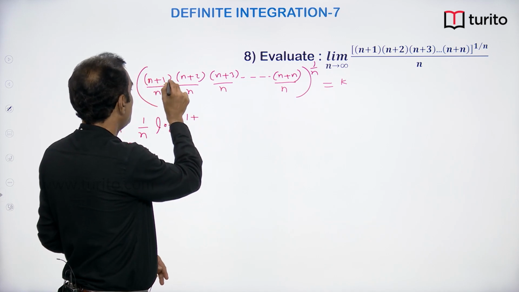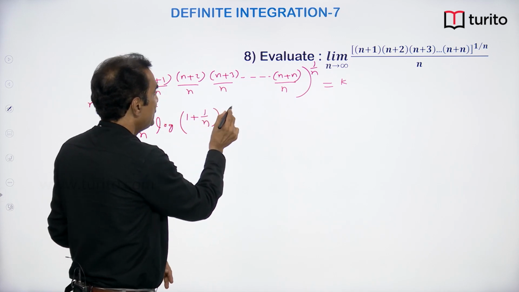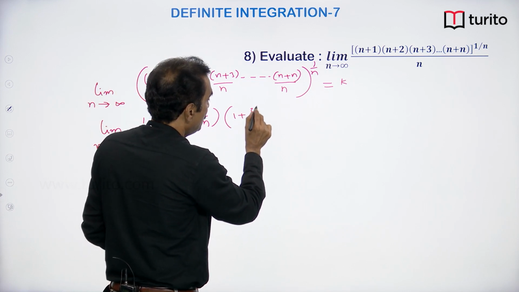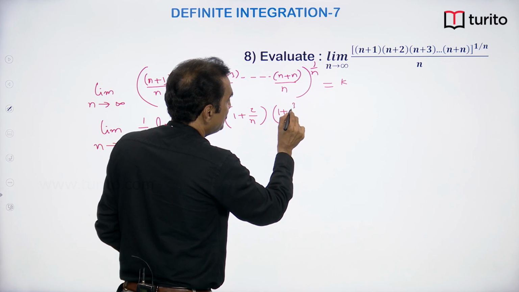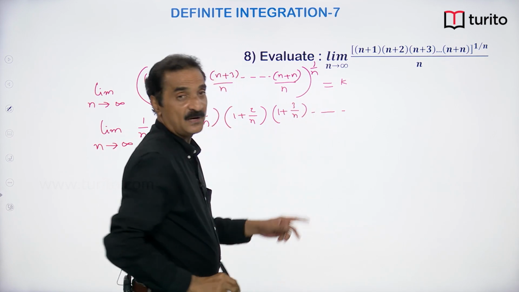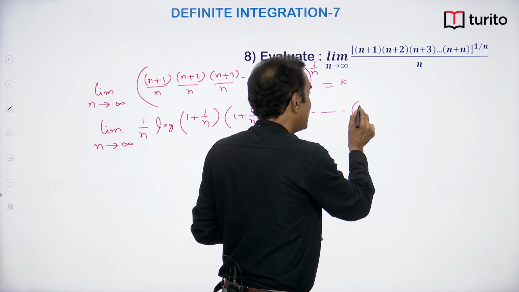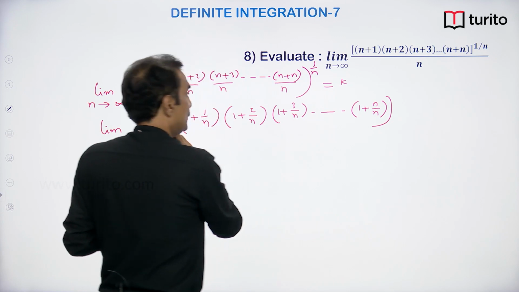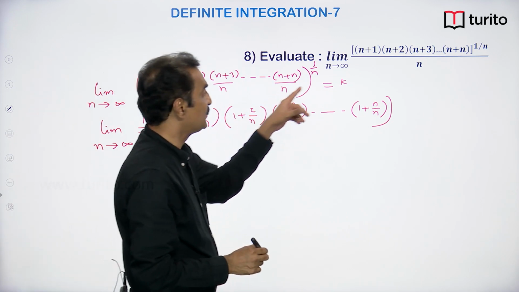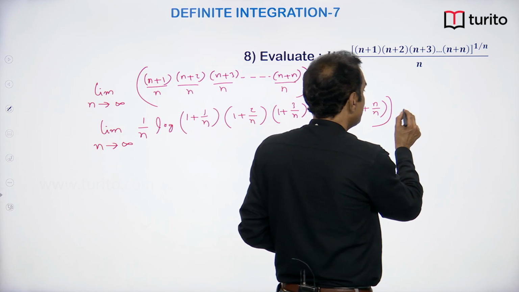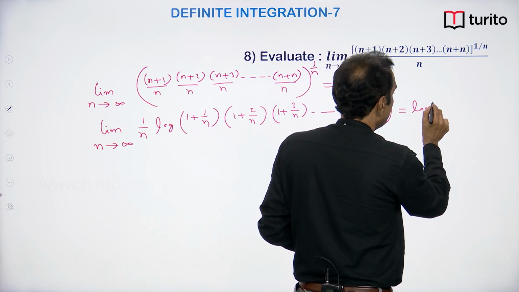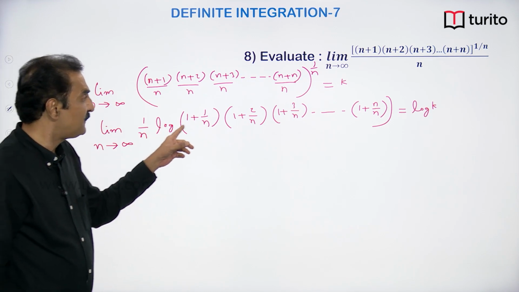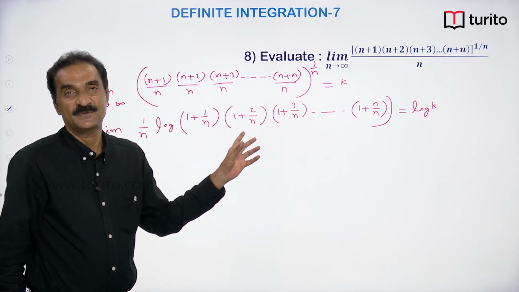The first factor is n plus 1 by n, which means 1 plus 1 by n. Next is 1 plus 2 by n into 1 plus 3 by n and so on. The last term is 1 plus n by n. Taking logarithms on the RHS, it is log k. We know that the logarithm of a product is the sum of the logarithms.